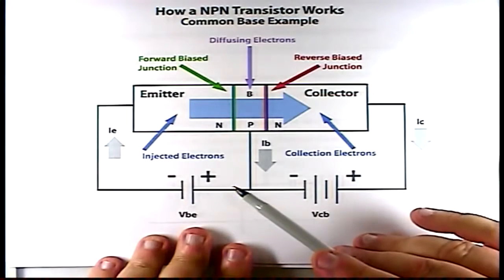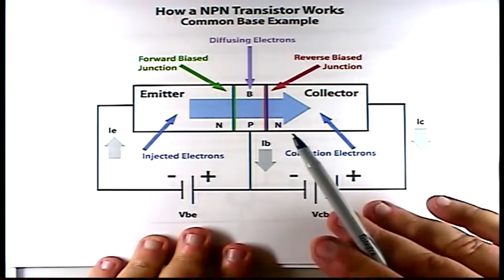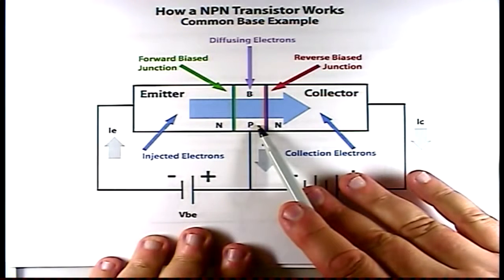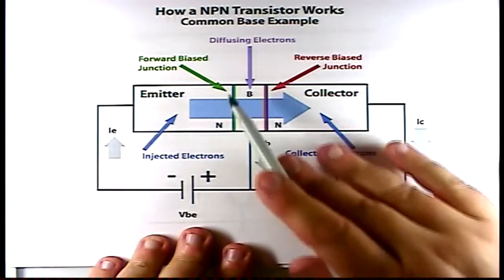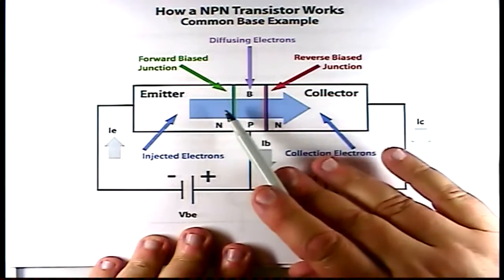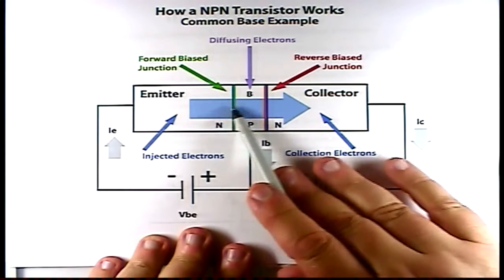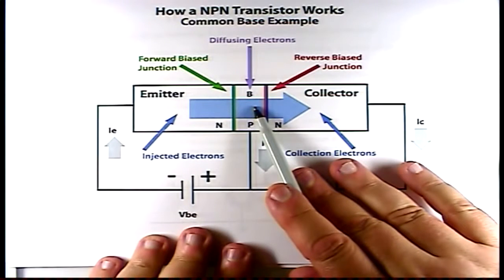Electron current flows from the emitter to the base, filling the holes in the base. So we forward bias this junction and we're causing the electrons to spill from the emitter into the base. What happens when I start filling a region with electrons?